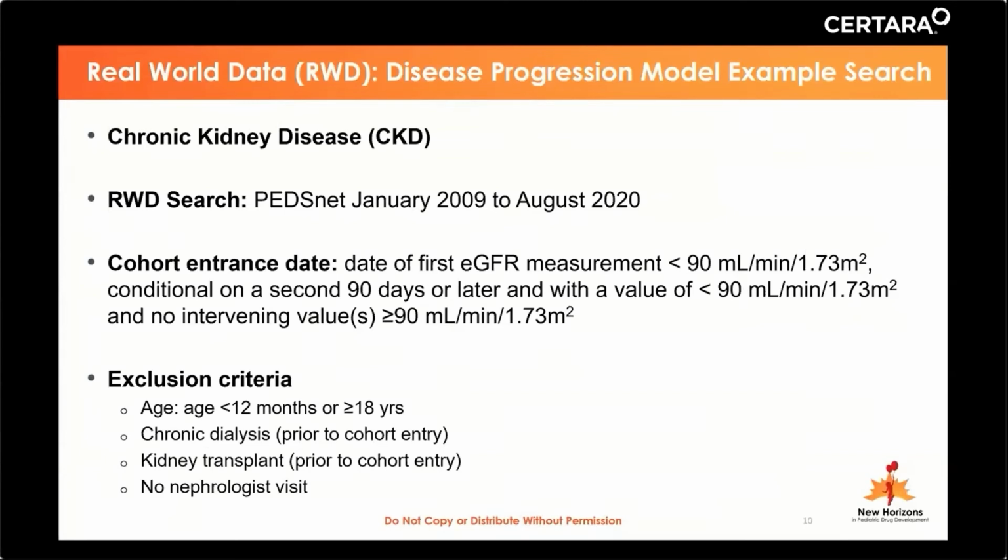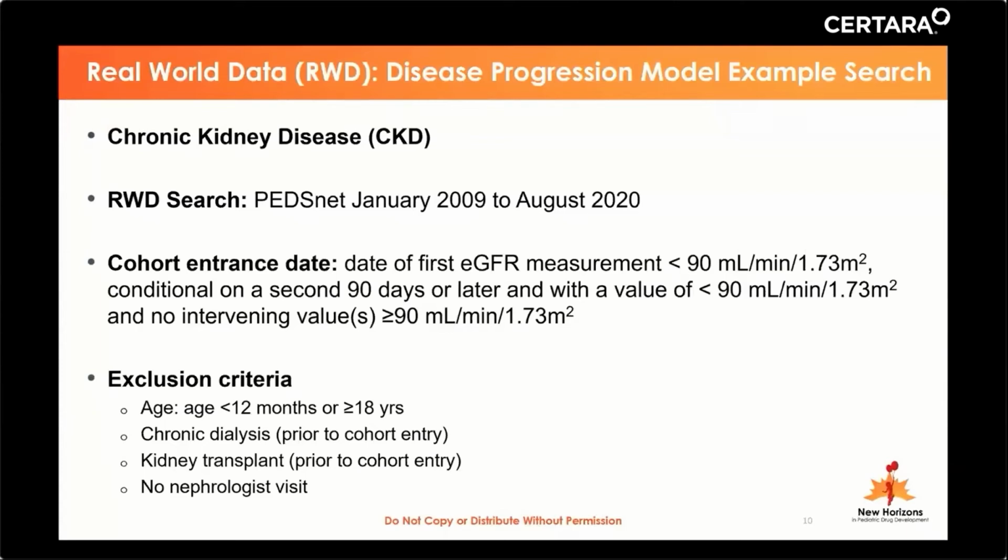The cohort entrance criteria really was defined in order to identify patients with early stage renal dysfunction, and this was an estimated GFR less than 90, and then a second GFR estimate of the same within 90 days, and no intervening elevation in GFR above that threshold limit.